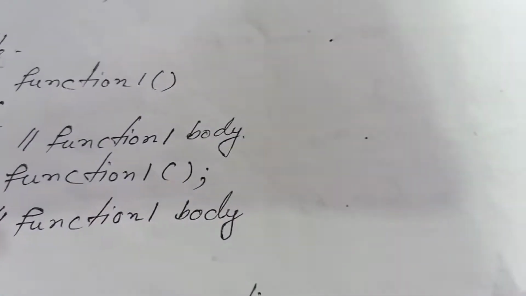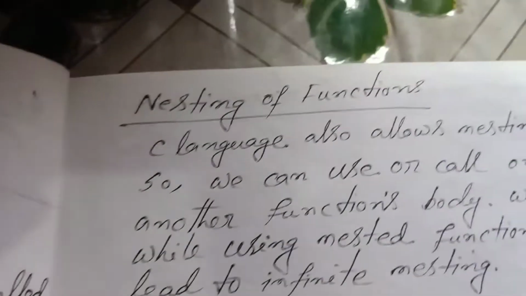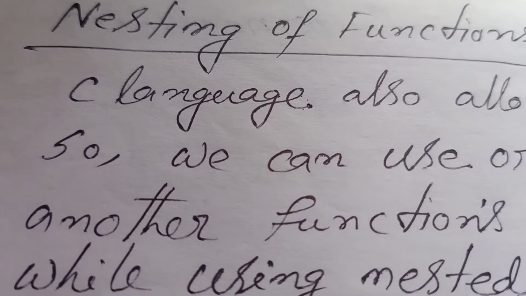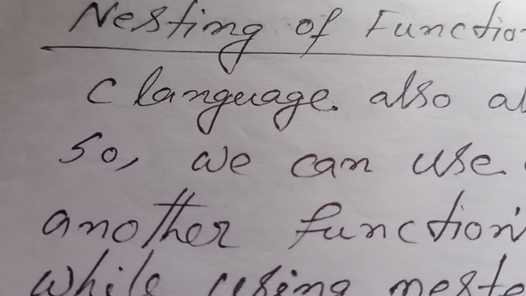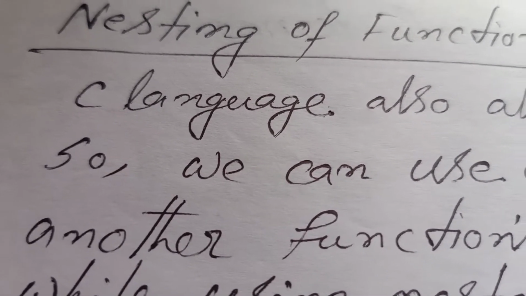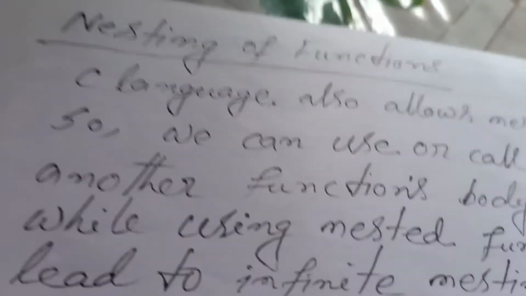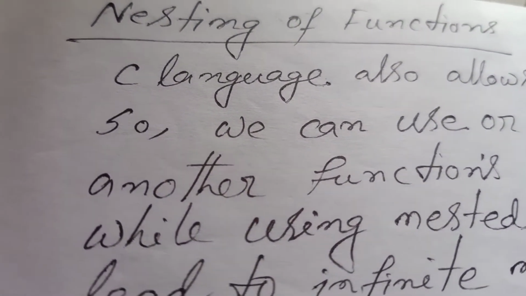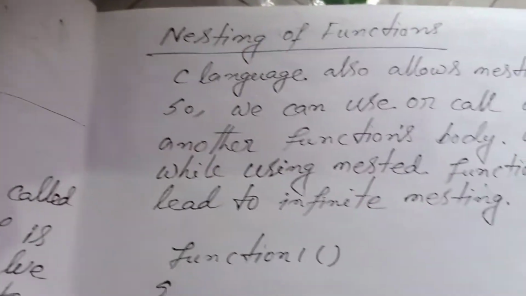That is nesting. And this nesting word is used in loops also, the nested for loop, nested while, nested if else. So similar like looping, nested loop, the nesting function is also used.